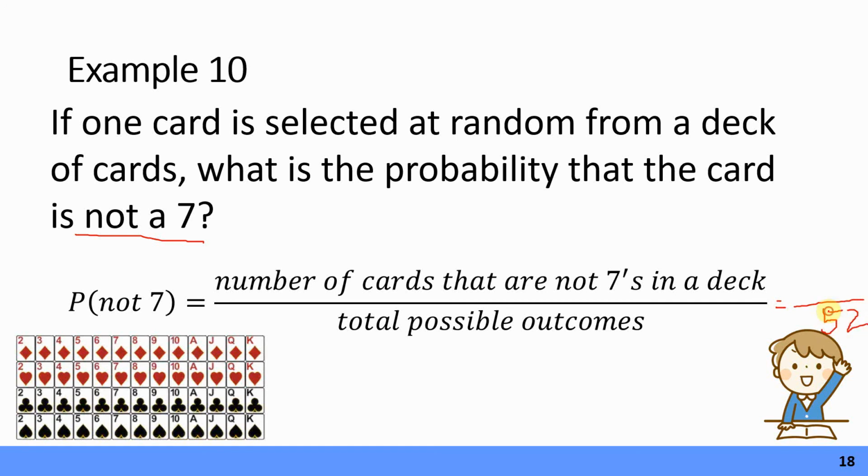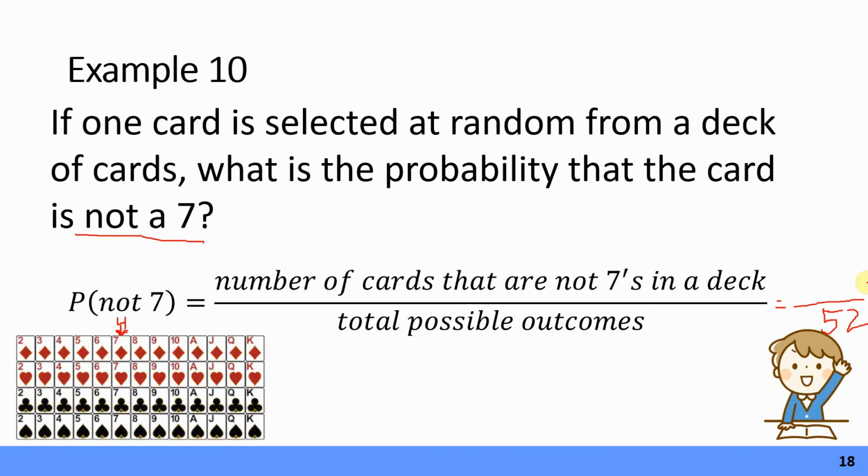Now, out of those 52, how many are 7s? I'm not going to make you count them. If there are 4 cards that are 7s, how many are not 7s?